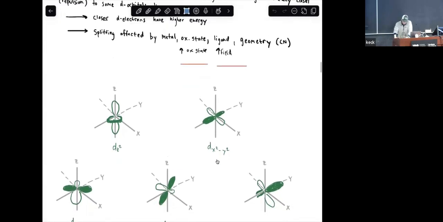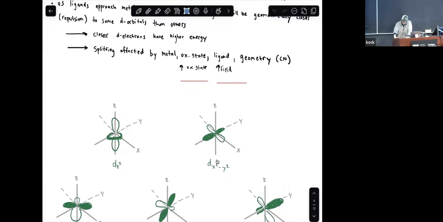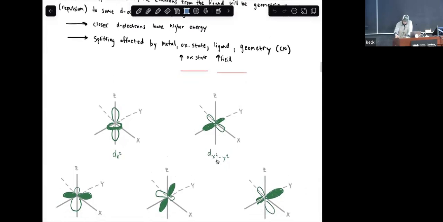And the extent of splitting, the extent of electronic differentiation, depends on a number of factors, including the oxidation state of the metal, the field strength of the ligand, as well as the geometry. So to just complete this thought, metals with higher oxidation states have a higher extent of splitting. Ligands that have a higher field strength have a higher extent of splitting.